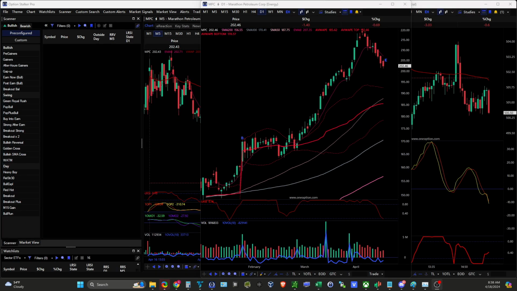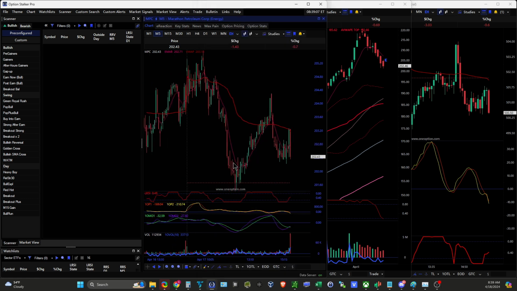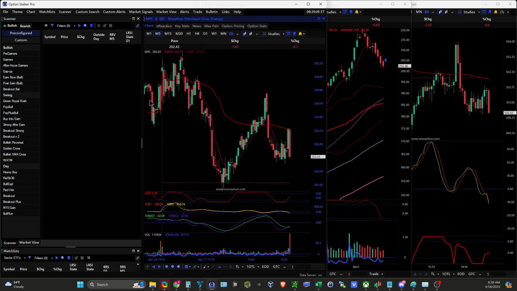Okay, so the next part that I wanted to go over here was patterns. People talk about patterns a lot, and oftentimes it means absolutely nothing. Someone will say something like, oh, if you see the M pattern, it's going to go down. Or if you see this pattern, this is going to happen.